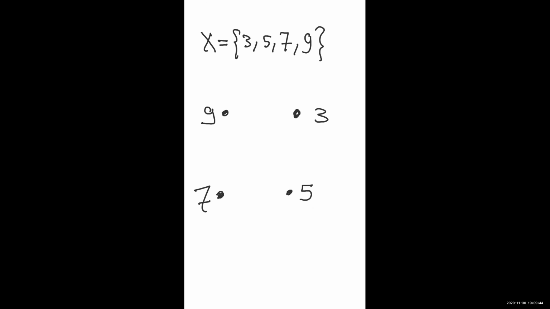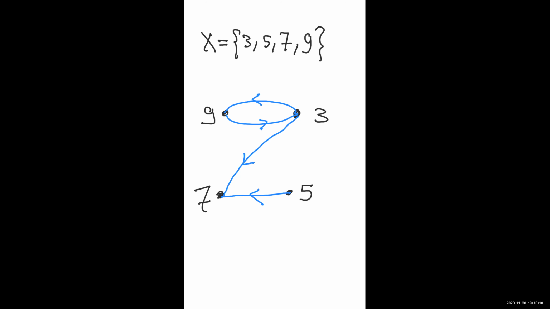Now the arrows: one arrow from 3 to 9, one arrow from 9 to 3, one arrow from 3 to 7, and then one arrow from 5 to 7. Okay, look at all elements. Now from the beginning, we said that there is only one arrow from each element.